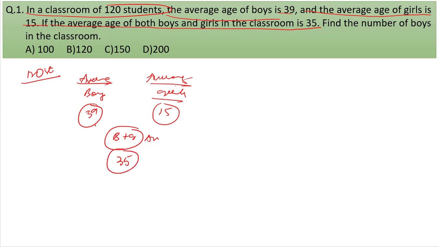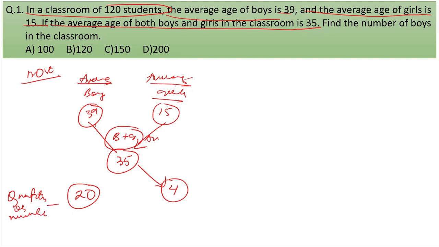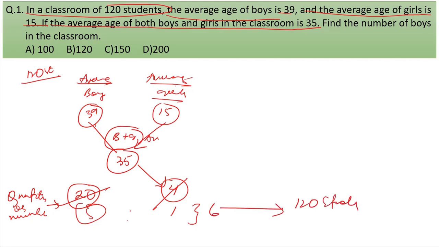Now let us take the ratio. 39 minus 35 is 4, and 35 minus 15 is 20. This is going to be the quantity or number ratio, as we discussed in the previous slide. 4 to 20 is 1 to 5. The total is 6 units, and we have 120 students, so each unit is 20.